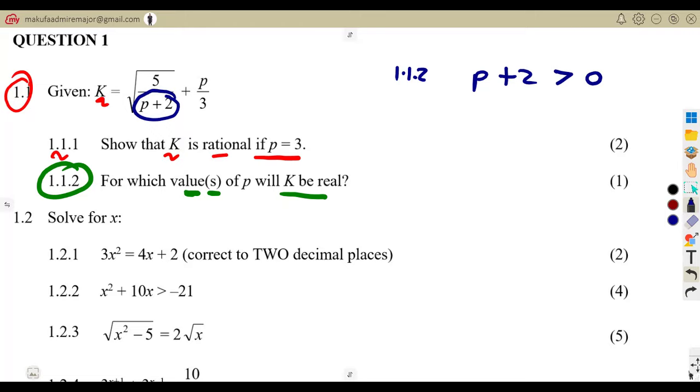Okay, this is what I'm trying to say, guys. When I'm saying the P plus 2, it represents the whole denominator. Just put any number there. This is the whole denominator, 5 over a certain number that you put here. Plus a certain number over 3.